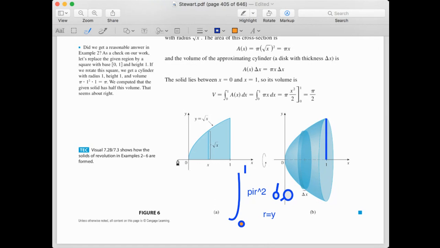Now let's rotate along the y-axis. When we rotate along the y-axis, what do we get?